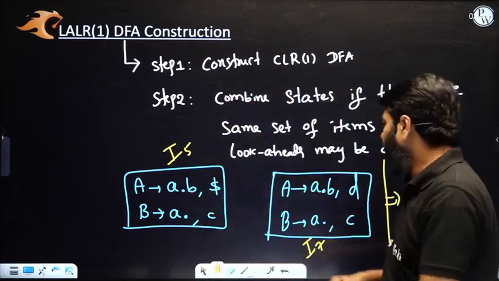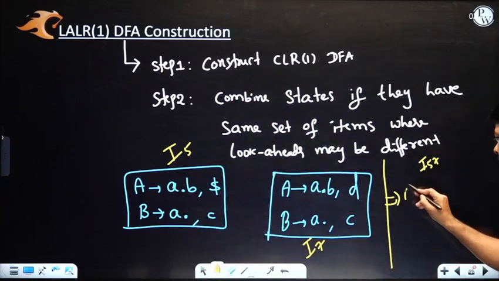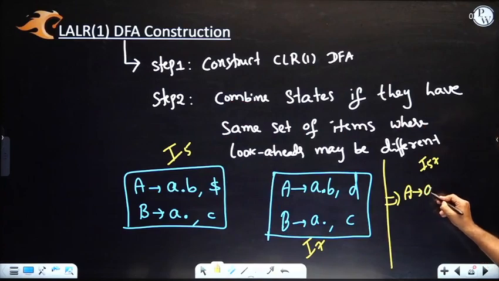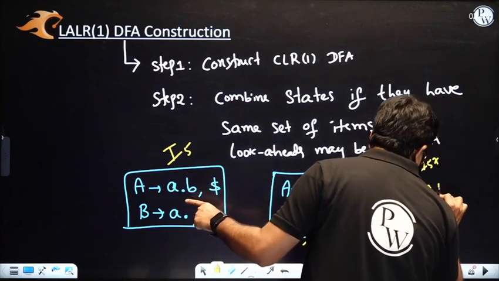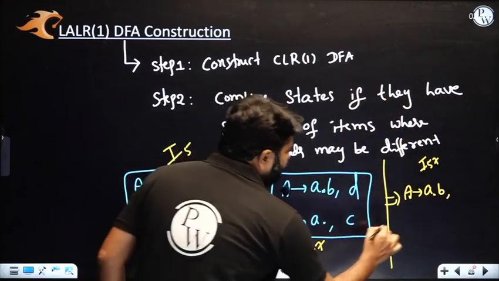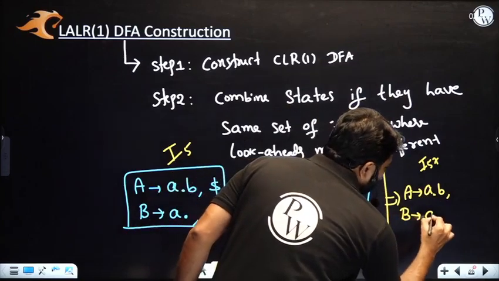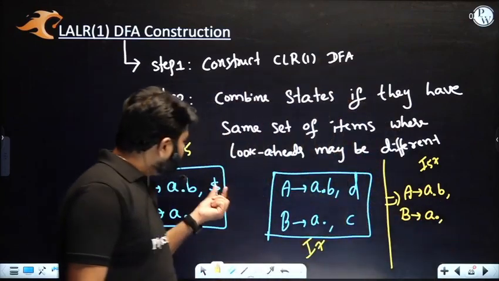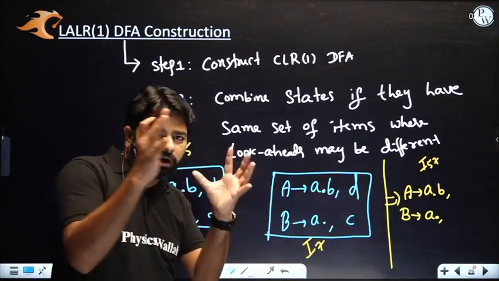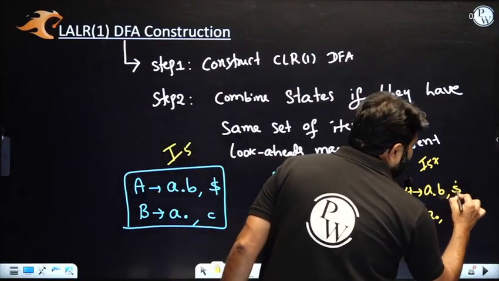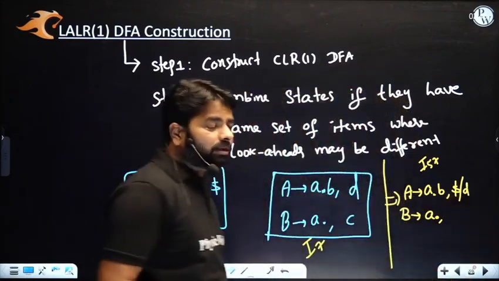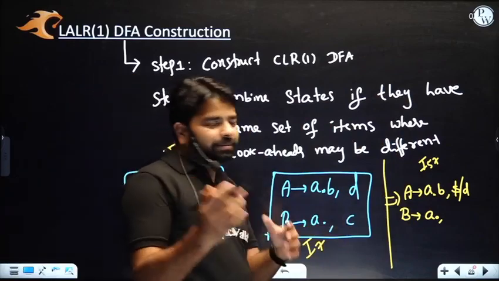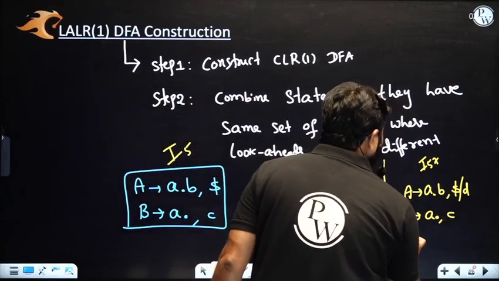How do you combine? The items are the same anyhow: A derives A dot B, and another one B derives A dot. But for the lookaheads, dollar and D you combine, so you will get dollar or D. And another one C, both are the same, so just write one C. That's it.